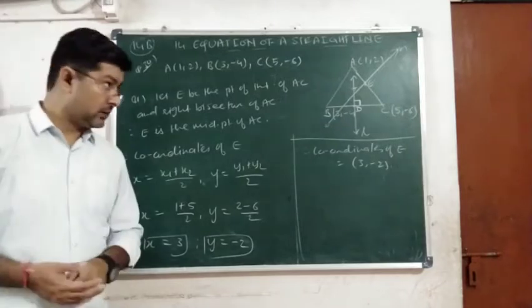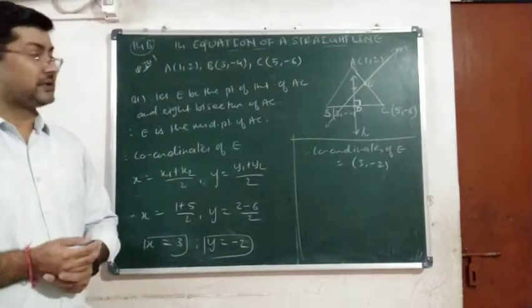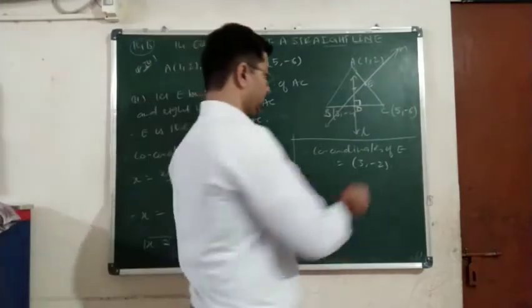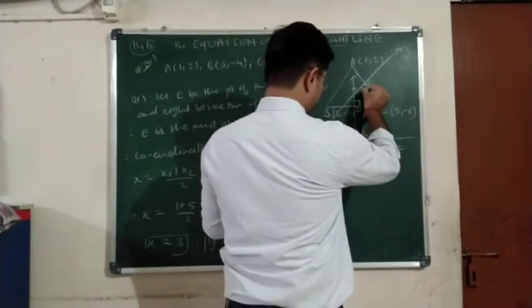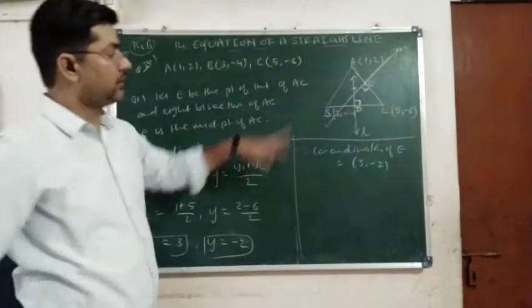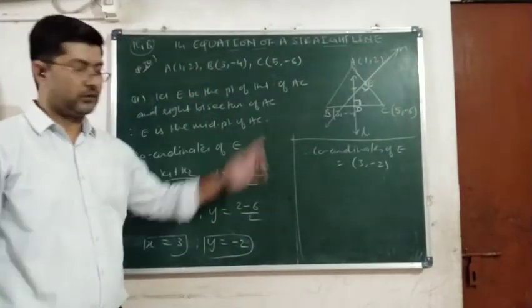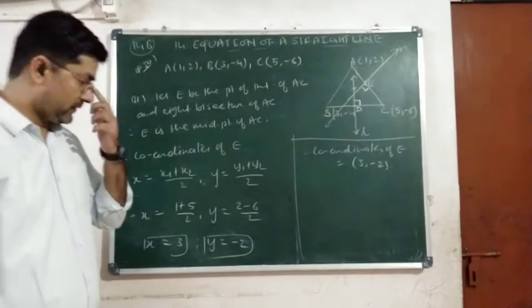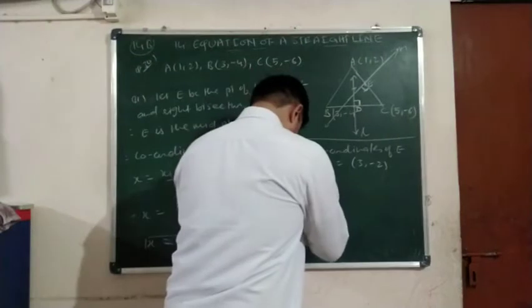Now we'll find the slope of AC, because the bisector of AC means the perpendicular bisector, that is, the right bisector. If you calculate the slope of AC, you can find the slope of the required line, the bisector of AC. So first we will calculate the slope of AC.